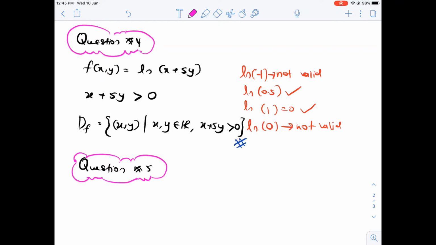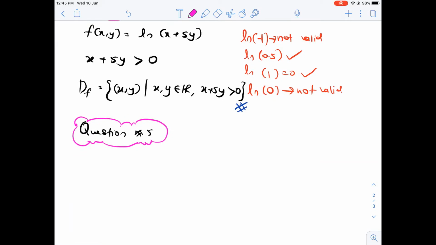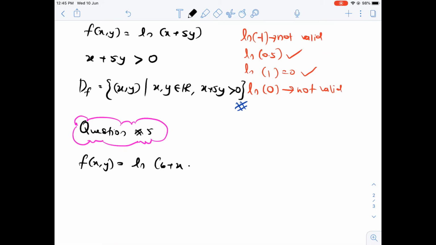Okay, we have f(x,y) equals ln(6 + x - y). Again, we know that inside here must be greater than 0.